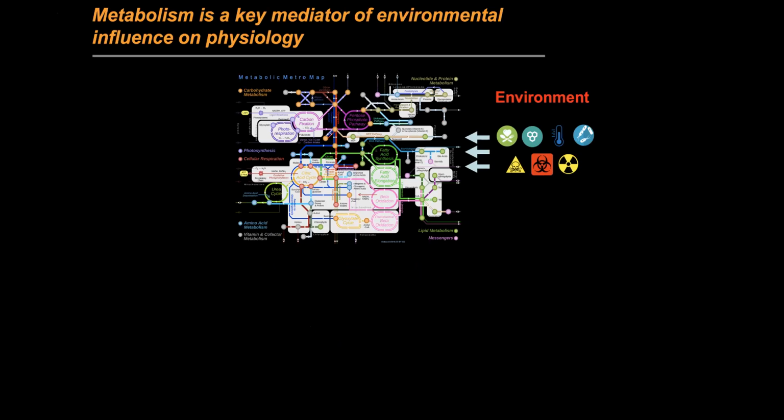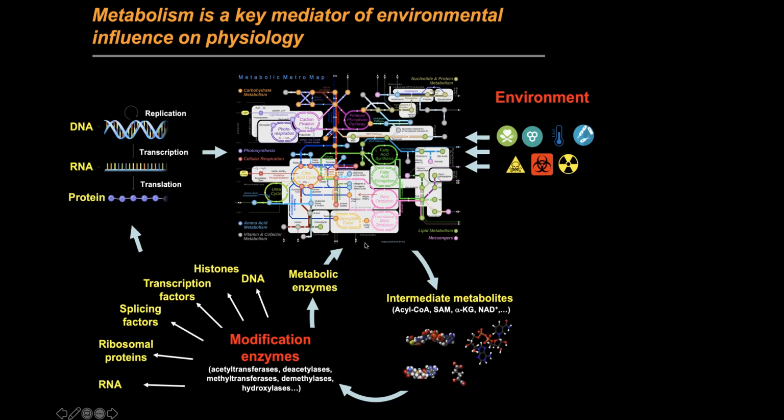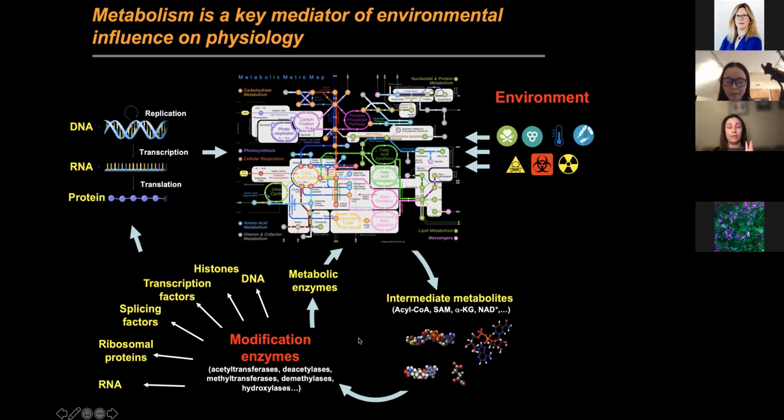However, what interests us the most is the observation that many intermediate metabolites, such as acetyl-CoA, SAM, alpha-ketoglutarate, and NAD, can function as a co-substrate or cofactors for a number of modification enzymes that can modify DNA, histones, many other protein factors, and even RNA. So all these modifications can dramatically impact every step of the central dogma in response to environmental changes. So metabolism is a key mediator of environmental influence on physiology.